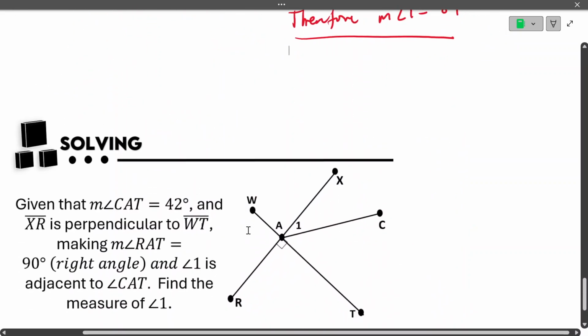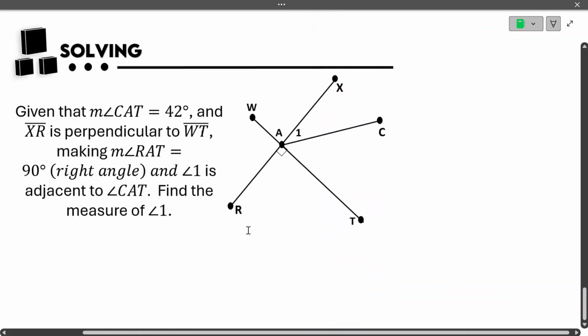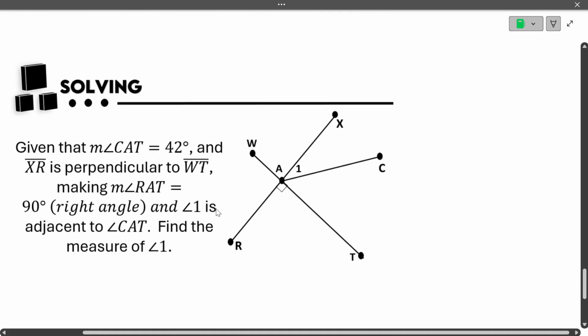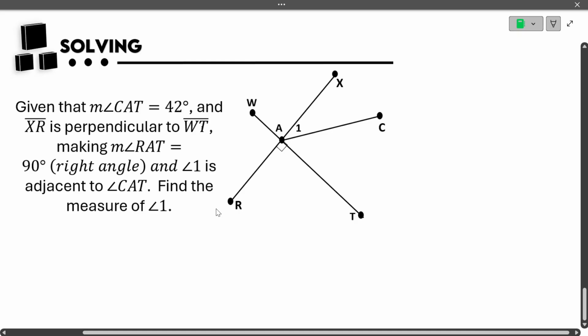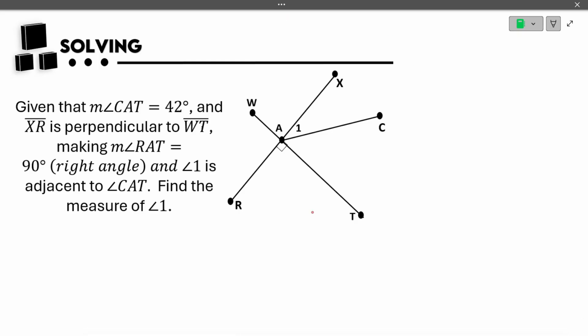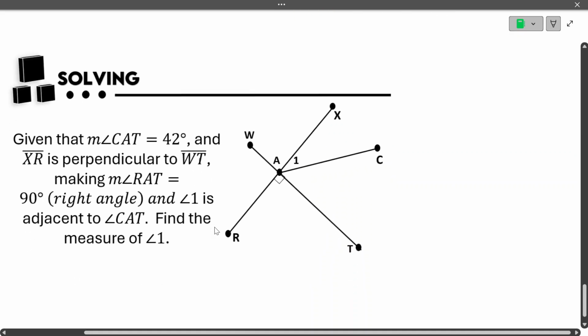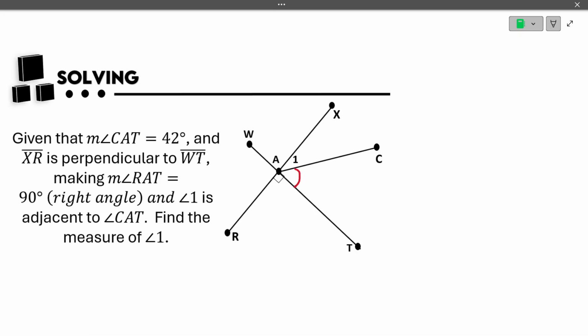Now we go to the third problem. Is that the last? Yes, that's the last. Now, we have this figure. Given that our angle C from CAT has a measurement of 42 degrees. This is 42 degrees. And XR, where is XR?